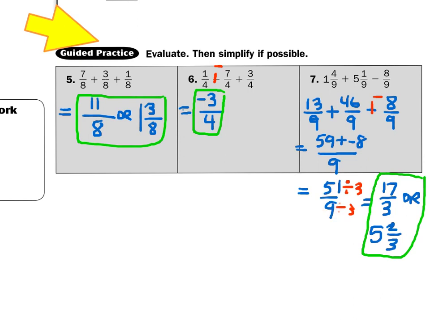Now I notice when I add 5 plus 1, that makes 6, so I know 3 goes into 51, and I know 3 goes into 9, so I reduced both by 3. 51 divided by 3 gave me 17. 9 divided by 3 gives me 3. So I have 17 over 3, or I can rewrite that as a mixed number. 3 goes into 17 5 complete times, and then there was 2 left over. So I put 2 over 3, and I box my answer.